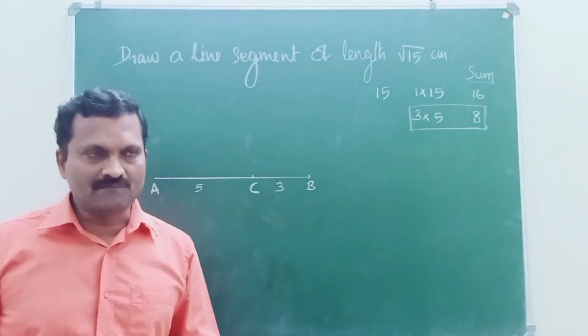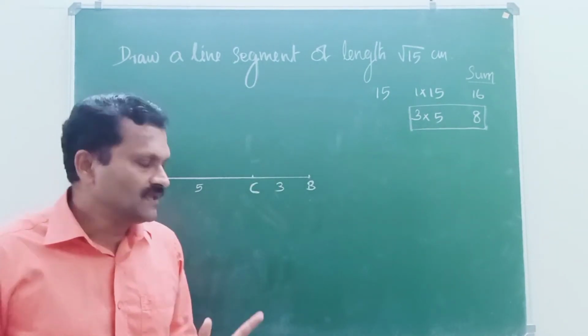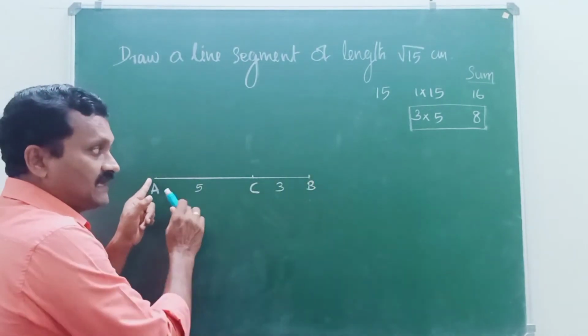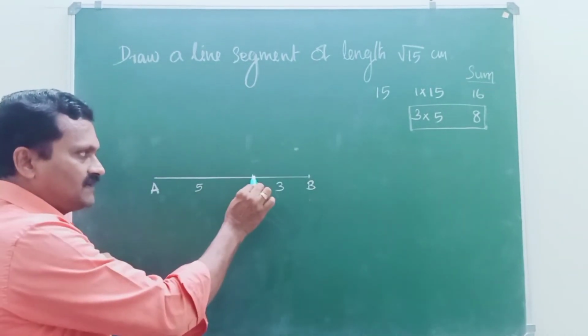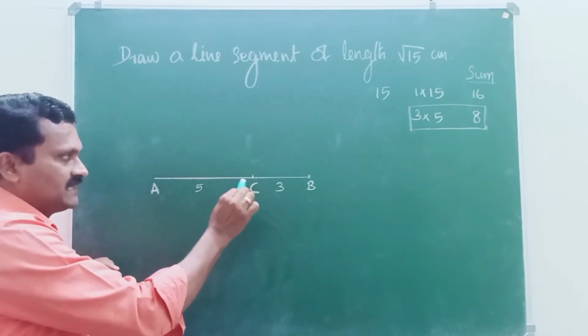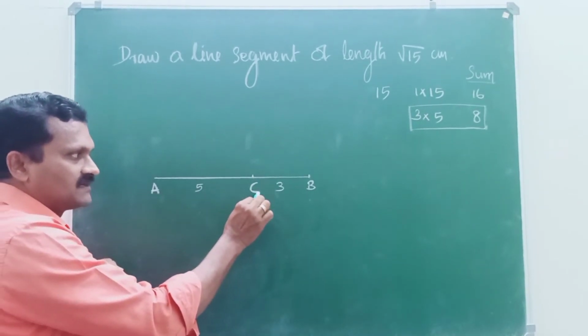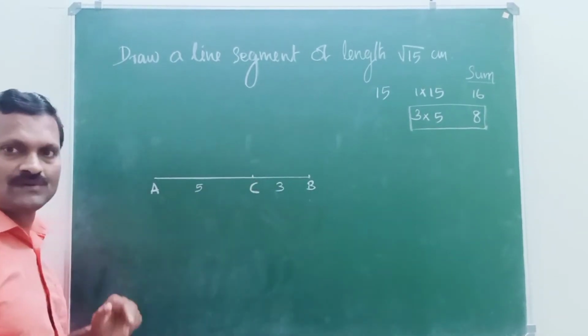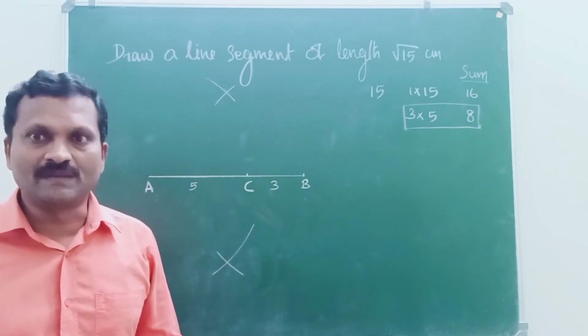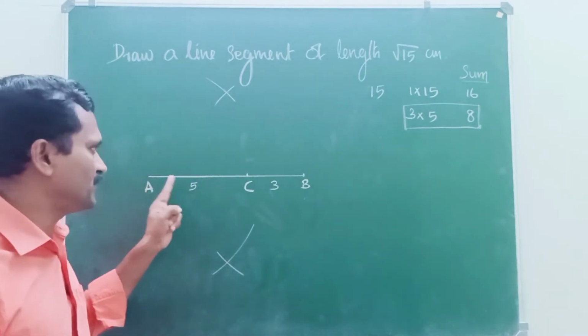We select the numbers 5 and 3. So, first of all, draw a line segment AB of length 8 centimeter and mark a point C such that AC equals 5 centimeter and BC equals 3 centimeter. Next we draw the perpendicular bisector of AB.